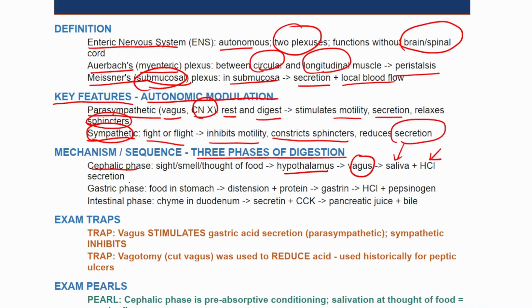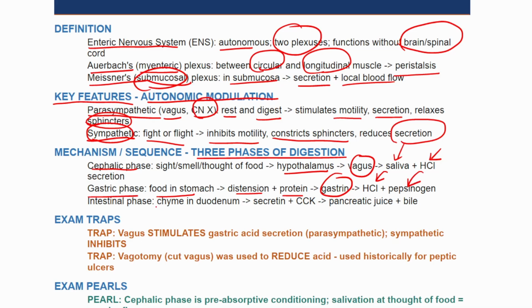Once the physical bolus actually crosses the gastroesophageal junction, the presence of material shifts the mechanical and chemical timeline to the next zone. The gastric phase takes over as food in the stomach causes mechanical distension and introduces protein, stimulating G cells to release gastrin, which drives heavy hydrochloric acid and pepsinogen production.